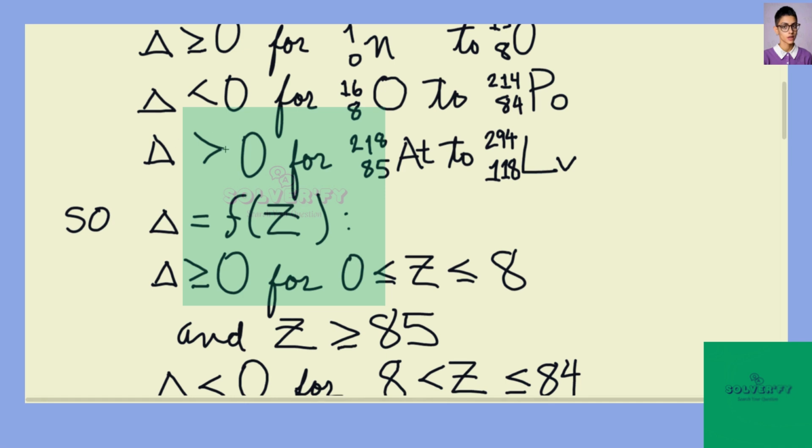And it's going to be positive again from astatine-218 onward, to 294. These are elements that can only exist in the laboratory.